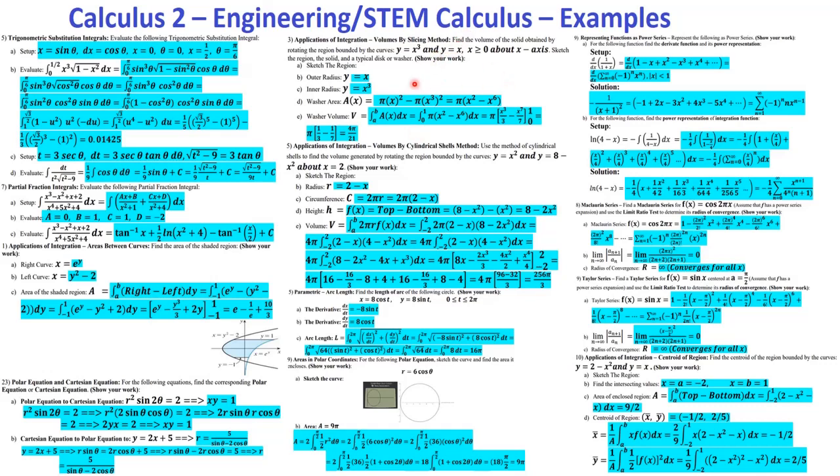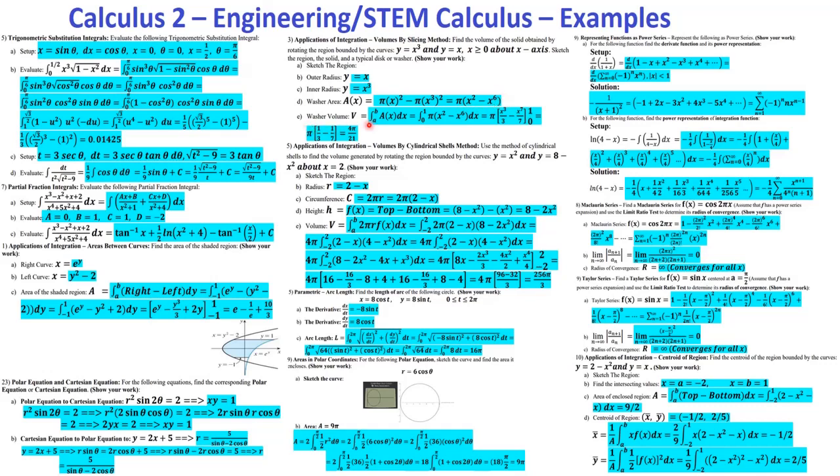And I have an application of volume by washer method. You have two curves, y equals x cubed and y equals x, and you are revolving this about the x-axis. So you identify the outer radius, which is x, and the inner radius, which is x cubed. The washer, the disk area is A(x) equals pi times the outer radius squared, x squared, minus the inner radius squared, x cubed squared, so that is pi times x squared minus x to the 6.